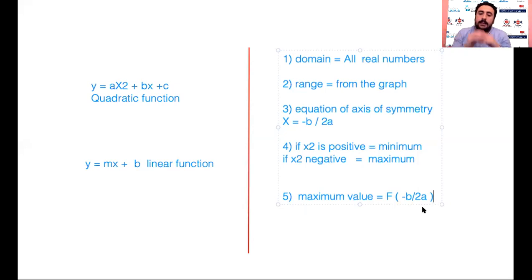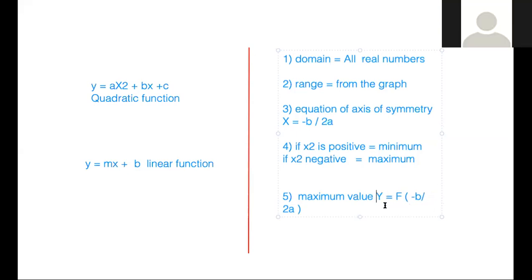By substituting negative b over 2a into the function. For example, if the value of negative b over 2a is 2, you take 2, remove x from the function and substitute 2, and you will figure out the value of y. So that means this is the y value.